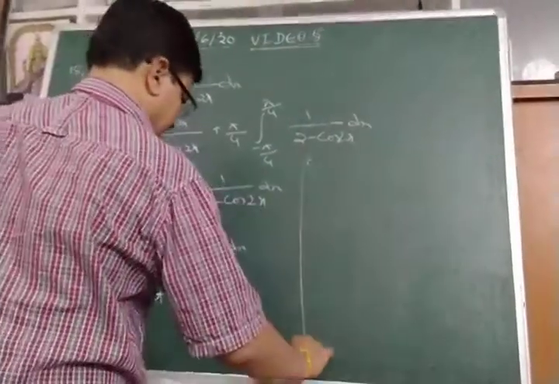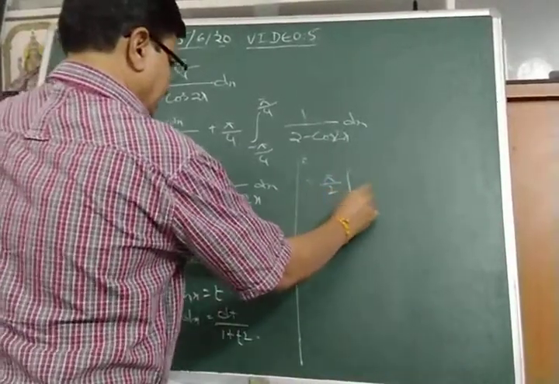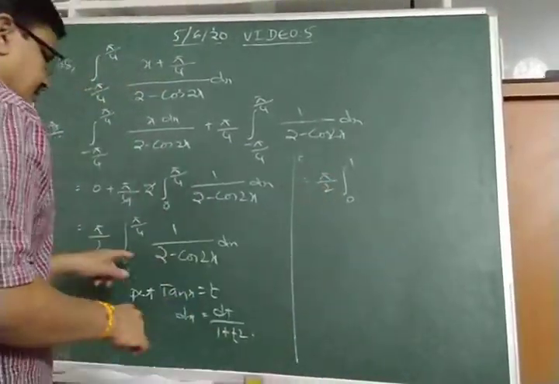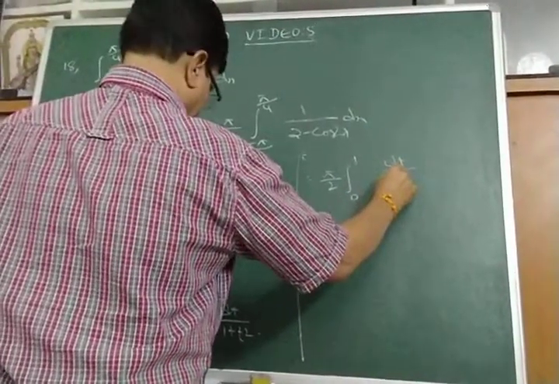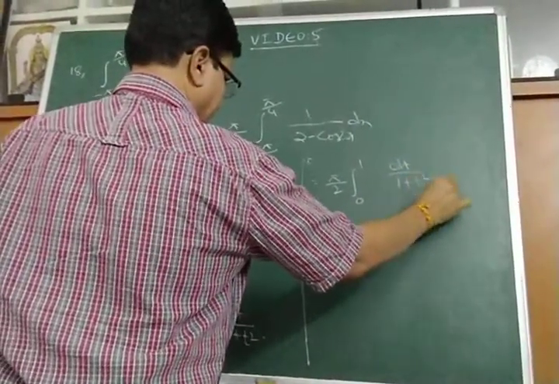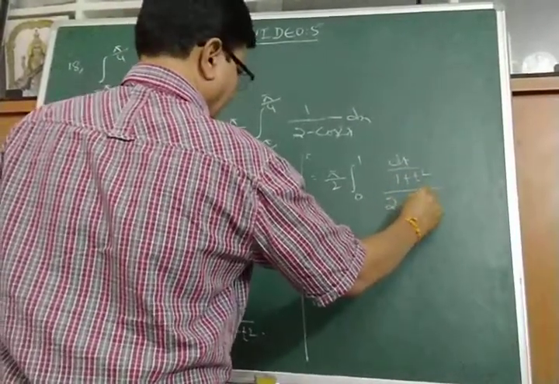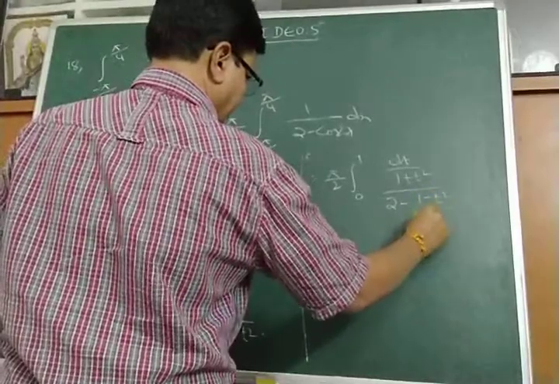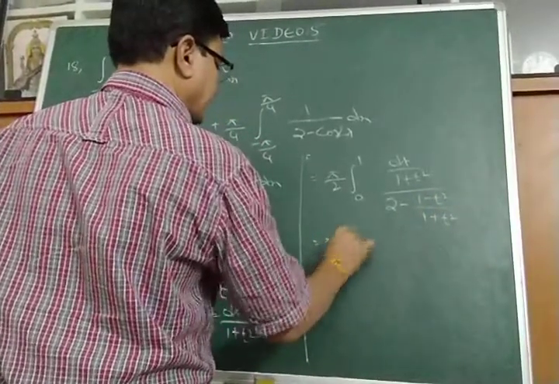Now this is pi by 2 into integral 0 to 1 of dt by 1 plus t square whole divided by 2 minus 1 minus t square by 1 plus t square.